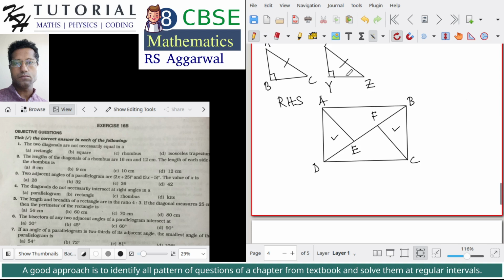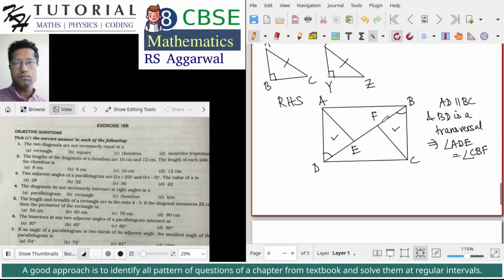Okay. So as you can see, since ABCD is a rectangle, it will also be a parallelogram. So we will obviously have these two angles equal, as they are alternate interior angles. Since AD is parallel to BC, and BD is a transversal, this will imply that angle ADE should be equal to angle CBF.